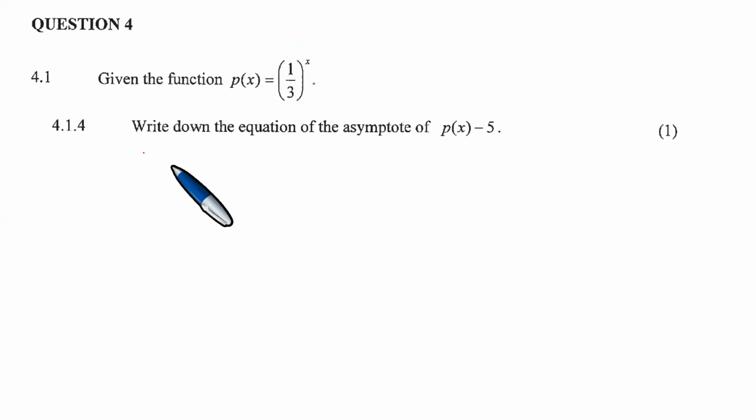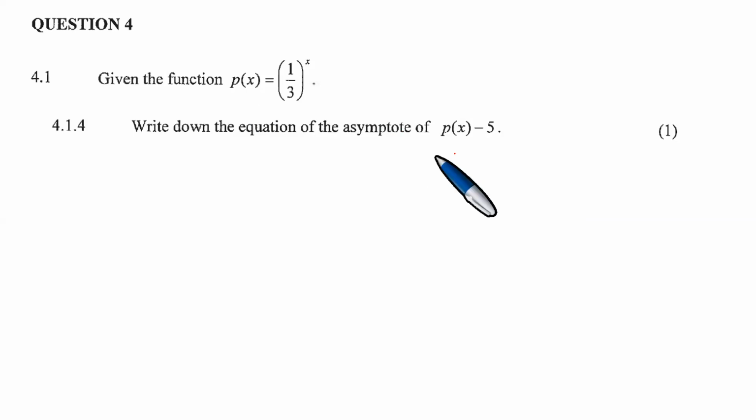Given the same function, write down the equation of the asymptote of this function. This is done in grade 10, but we're revising it now because grade 10 is part of the FET phase. FET stands for Further Education and Training phase. So what is the equation of the asymptote of this?